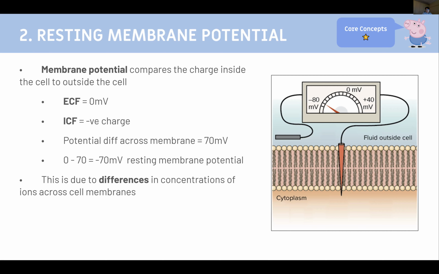Because it's more negative on the inside, and we measure relative to the outside, we do 0 minus 70 and get negative 70 millivolts as our resting membrane potential. So why is there a difference in charge inside the cell compared to outside? It's basically due to differences in the concentration of anions and cations across the cell membrane.